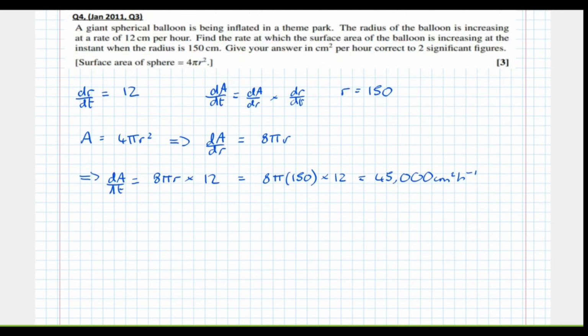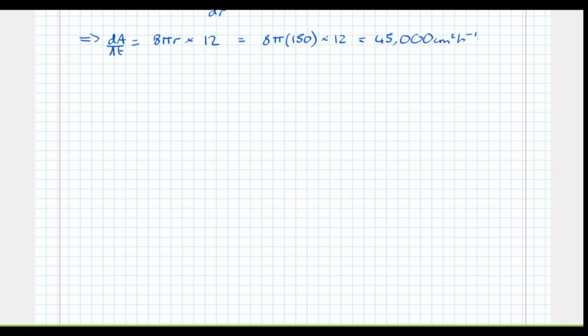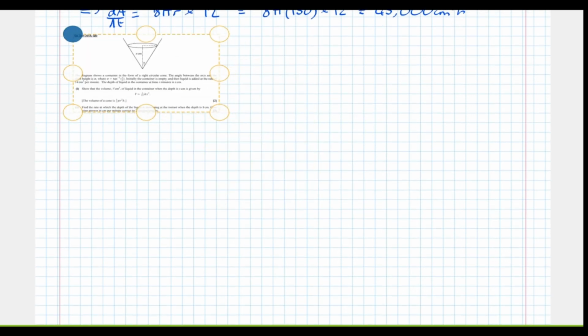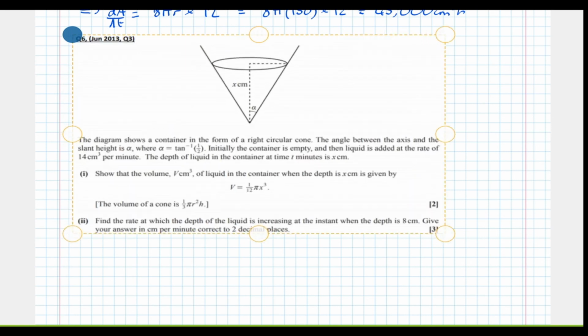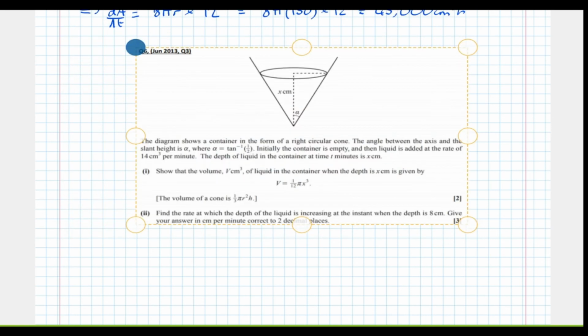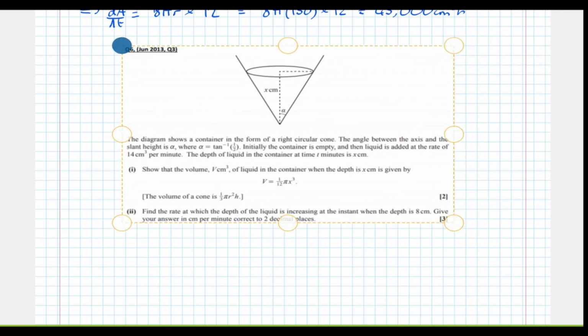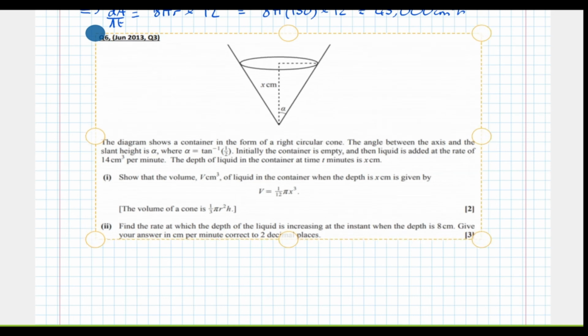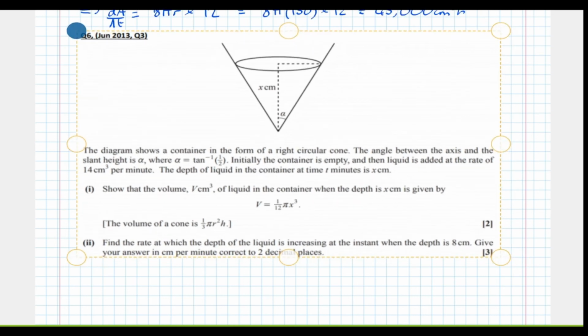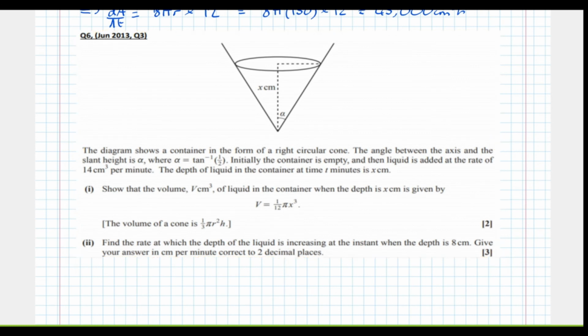One last question that we'll do today. Quite controversial on the day, on the actual exam it appeared on, because you were fooled into thinking there wasn't enough information. The diagram shows a container in the form of a right circular cone.